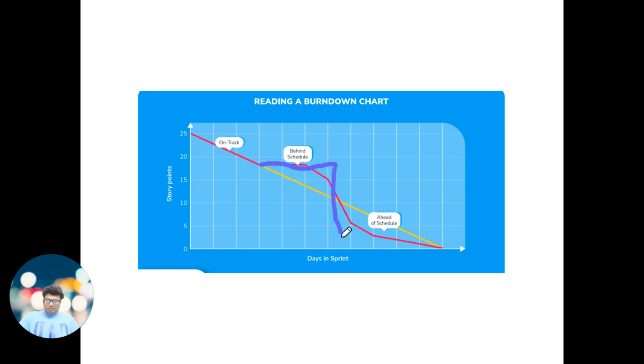And if it is going down below this line, it means it is ahead of schedule. So you can always have a good burndown chart only when you start working on smaller stories. You split your stories from bigger user story points to smaller story points.